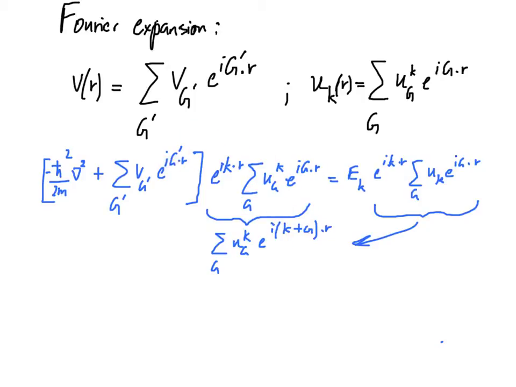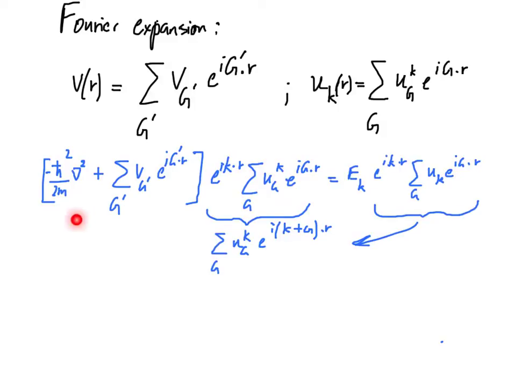And when our del squared operates on our wave function, something very nice happens. The first time it operates, you get I times k plus G, which gets pulled out of the summation. Then the second time del operates on it, you get another I times k plus G. So when you multiply these two things that got pulled out, you get minus k plus G squared.